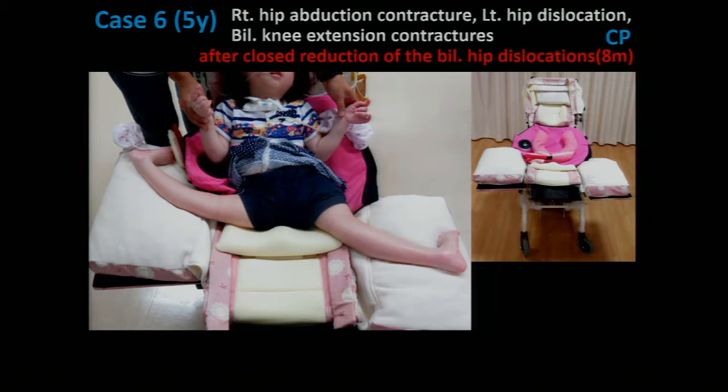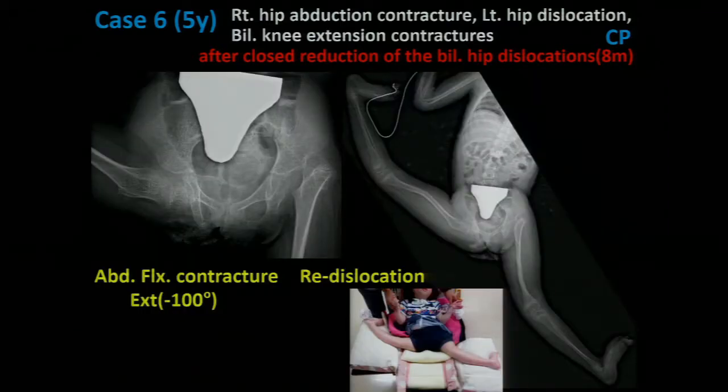So as you can see, this patient's wheelchair has 3 floors, and this patient can't bend the body, so it is a very big wheelchair, and it's difficult to take care of her. As you can see, the abduction flexion contracture and extension degree is minus 100 degrees. So this is a dislocated hip.